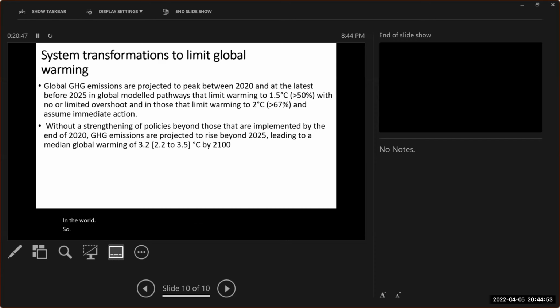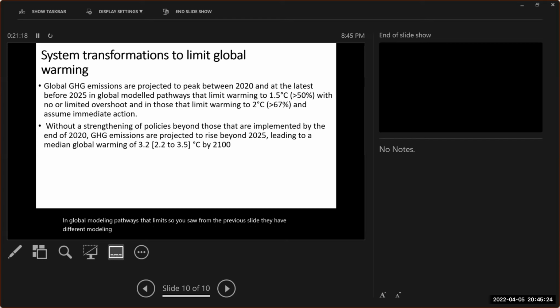Yeah, so this is the 10th slide, the last slide. System transformation to limit global warming. Global greenhouse gas emissions are projected to peak between 2020 and at the latest before 2025 in global modeling pathways that limit warming. As you saw from the previous slide, they have different modeling pathways.